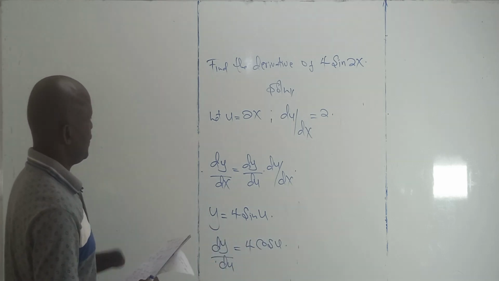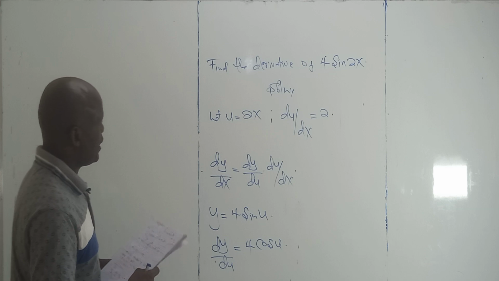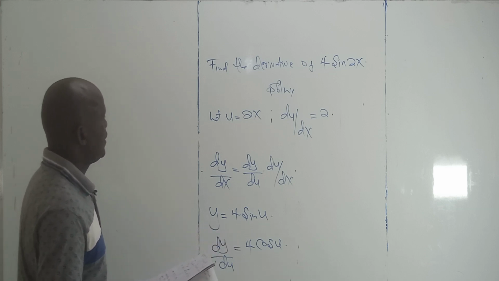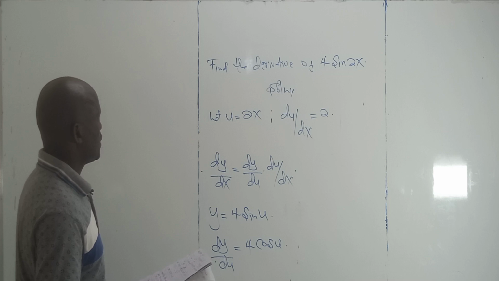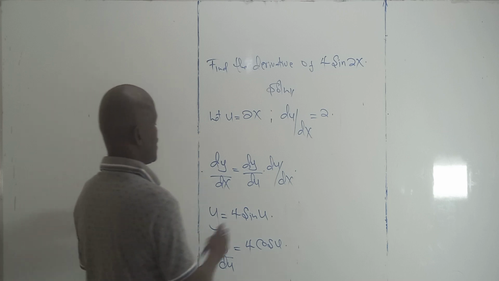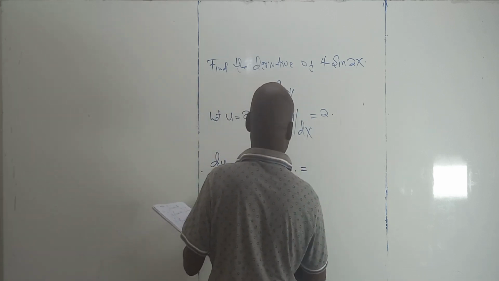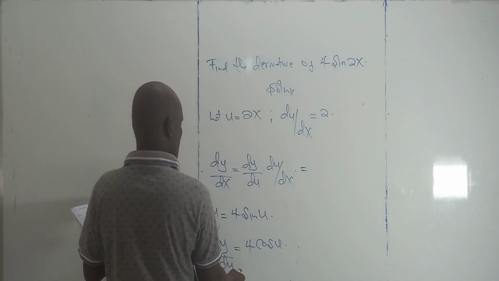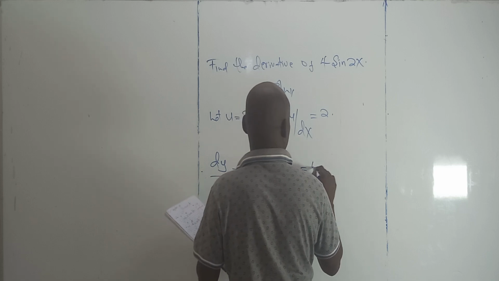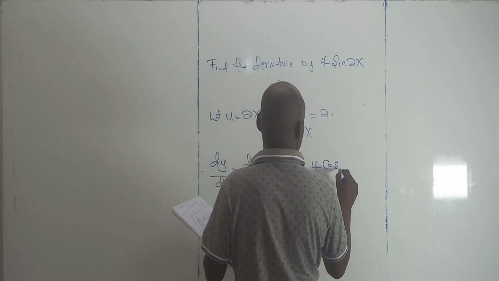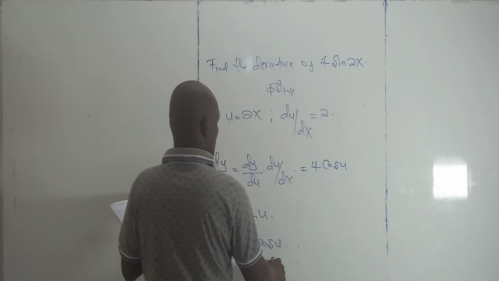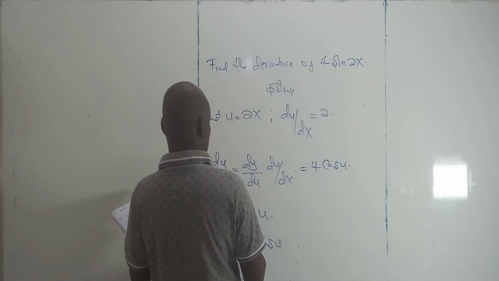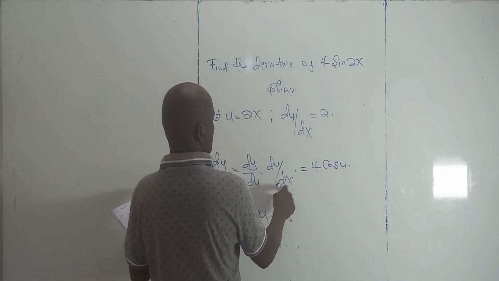Then I can specify what my answer is, because I can substitute them here, because I know dy dx should be dy du dot du dx. So dy du is this. So I say 4 cos u times du dx, which is 2.